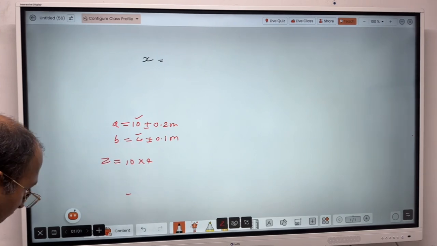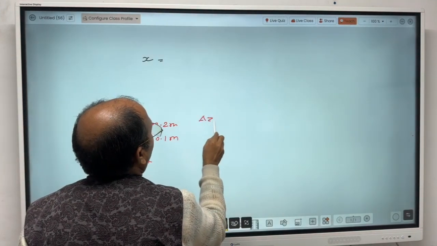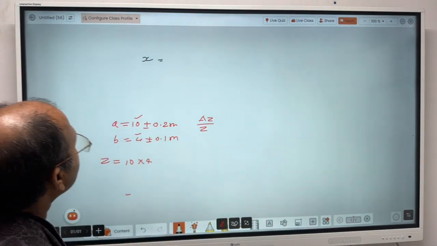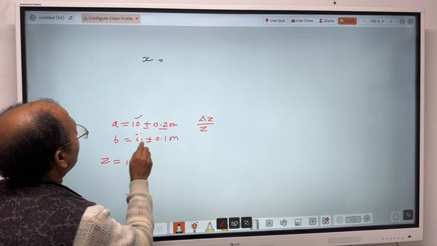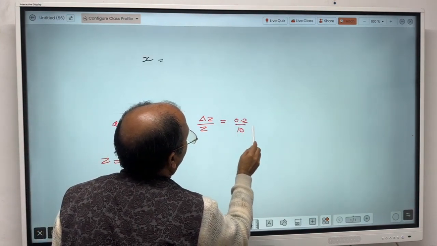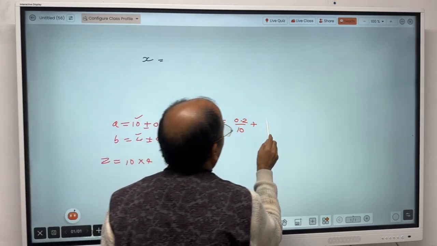Now we have to get delta Z upon Z, where Z is this value. So we consider errors in each. 0.2 divided by 10 plus we consider this one 0.1 divided by 4.